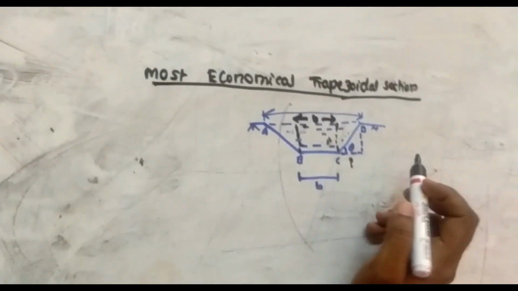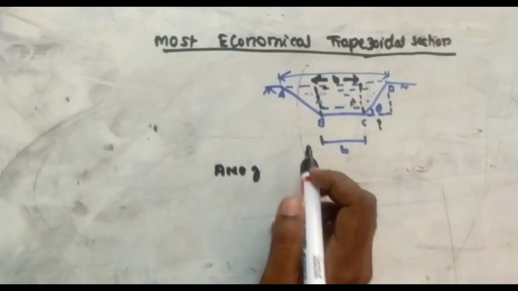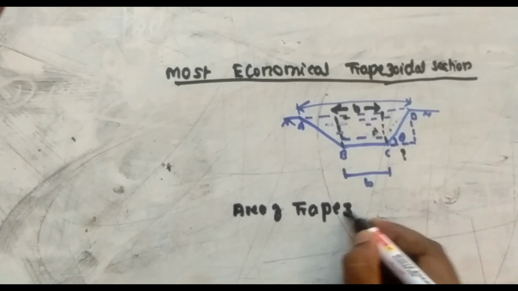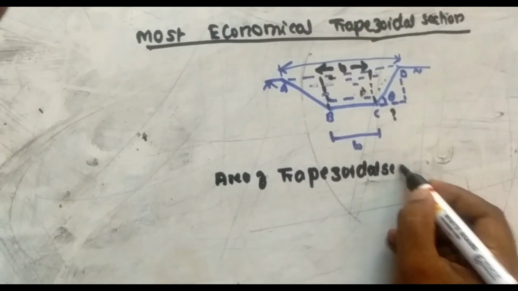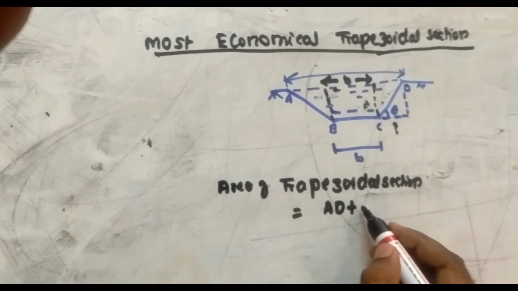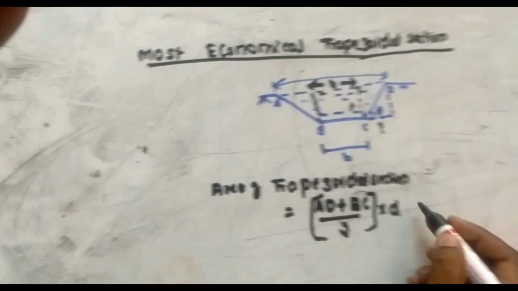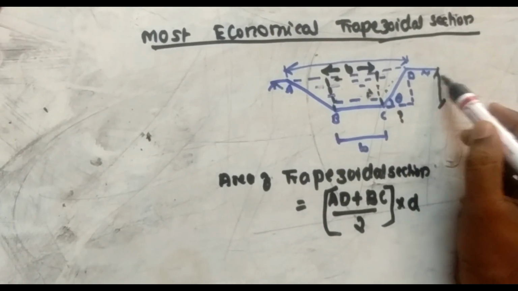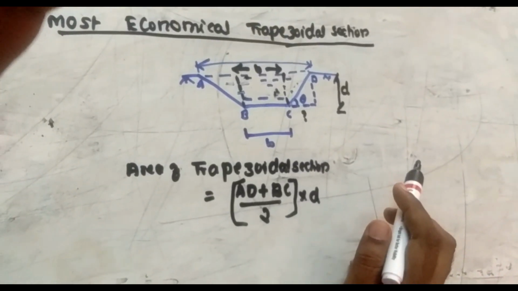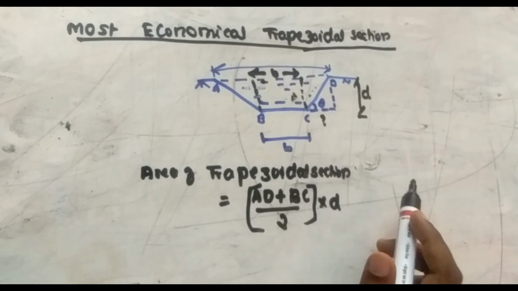For that we have the equation: area of trapezoidal section equals (AD plus BC) divided by 2 into depth, where depth is D. Next step: we need to find this value.